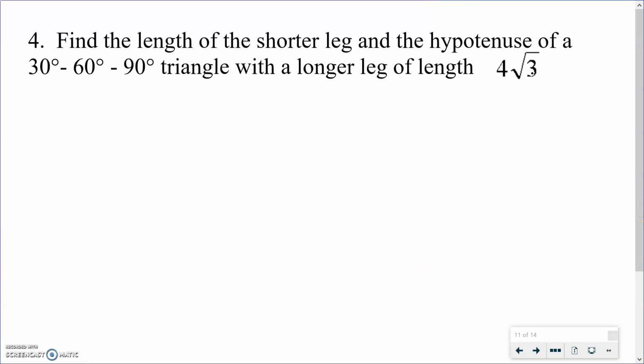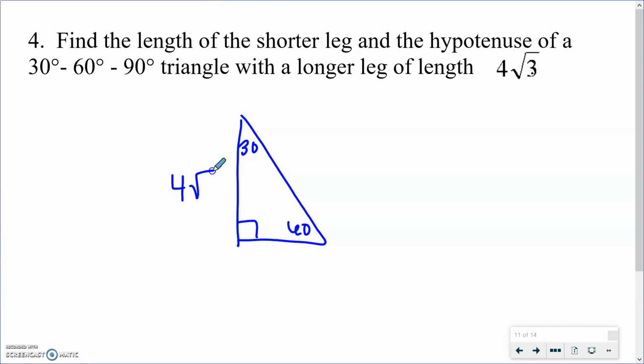All right, now we're going to do another here. So if we had a 30, 60, 90 degree triangle, and the hypotenuse, it says to find the hypotenuse and the shorter leg if the longer leg, so the one across from the 60-degree angle, is 4 square root 3.